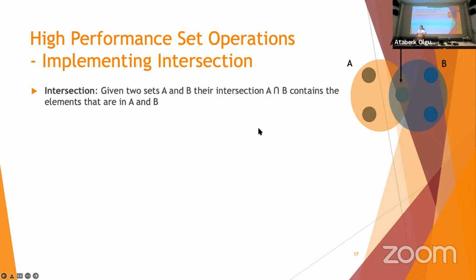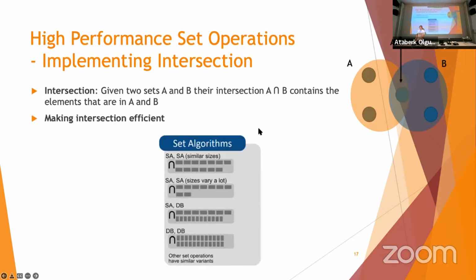And how does SISA achieve performance here? Well, remember that the two sets can be stored in different combinations. And depending on the combination they're stored in, we use a different implementation. If they're both stored as sparse arrays of similar size, well, then we just iterate through the elements and check if each is in both sets. If so, we put it into the intersection.